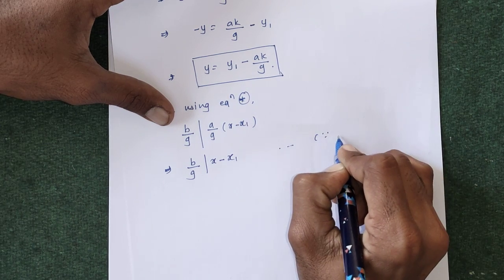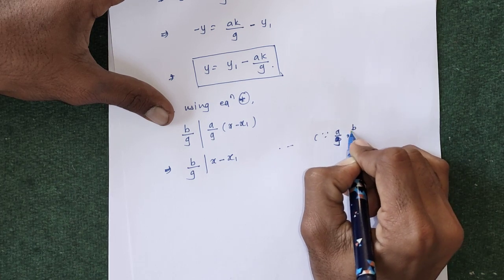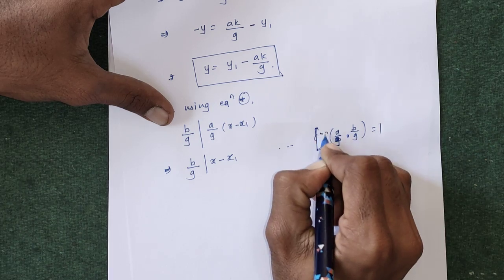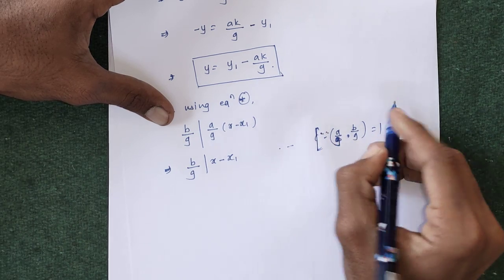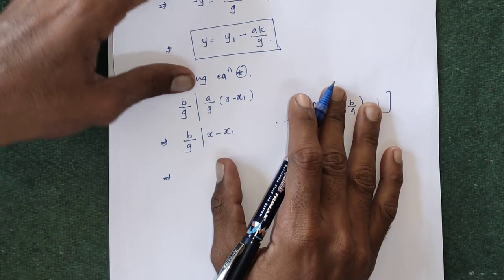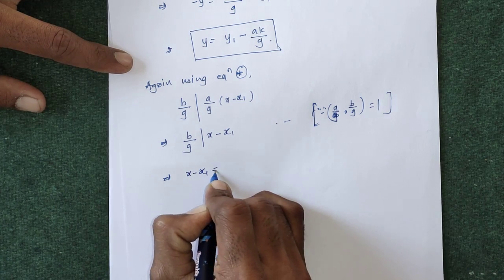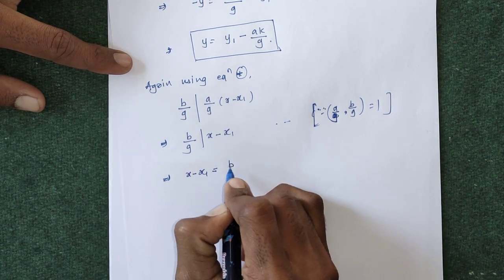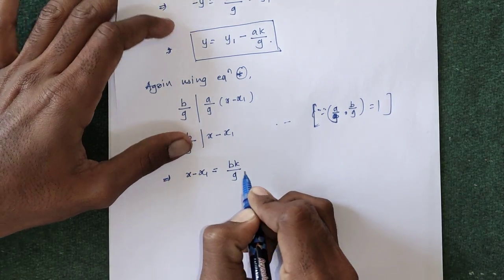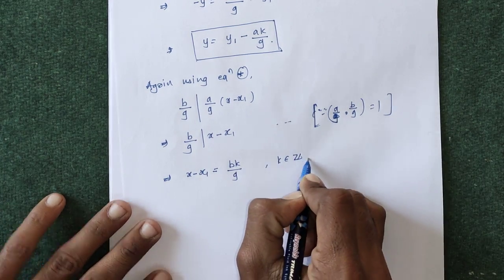The reason behind this is that the GCD of a by g with b by g is equal to 1. So by using the definition of divisibility, we can write x minus x1 is equal to b into some integer k upon g, where k is again an integer.